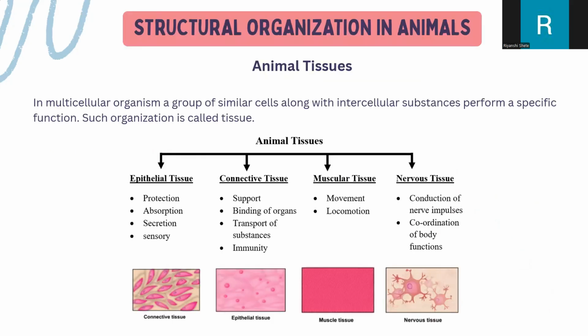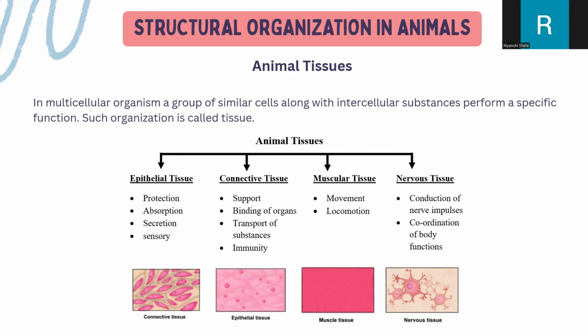Now we are learning about the structural organization in animals. In this topic, we are going to learn in detail about the types of tissues in animals. We know that an animal is a multicellular organism where a group of similar cells along with the intercellular substance performs a specific function, and such organization is called tissue.